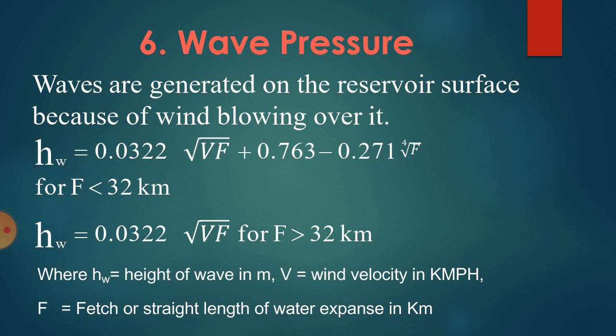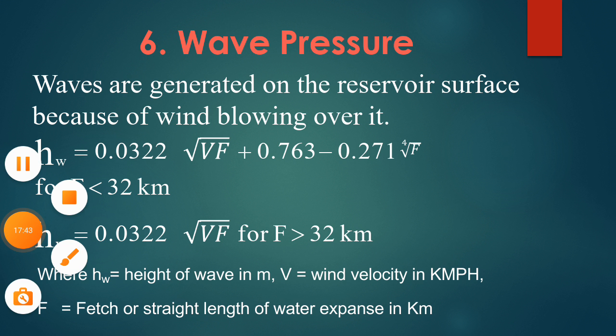For F greater than 32 km, the height of the wave can be found by the formula hw = 0.032 √(VF), where hw is the height of the wave in meters, V is the wind velocity in kilometers per hour, and F is the fetch, or the straight length of the water expanse, in kilometers.